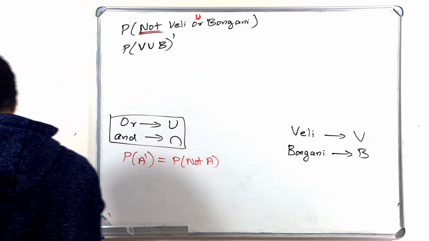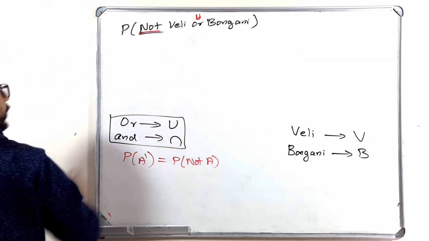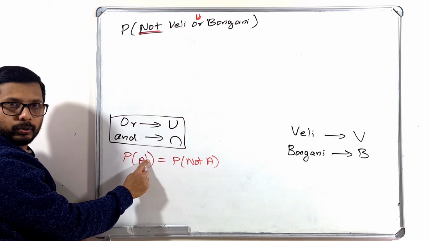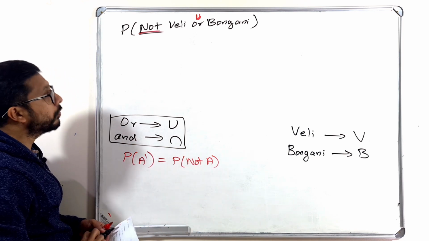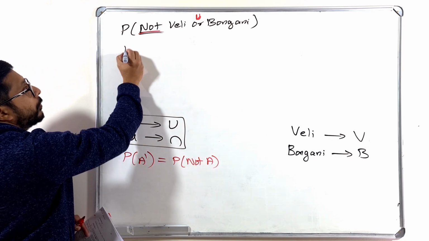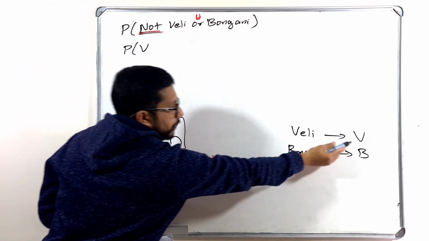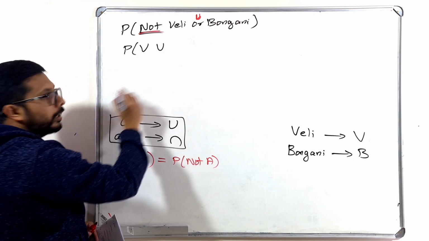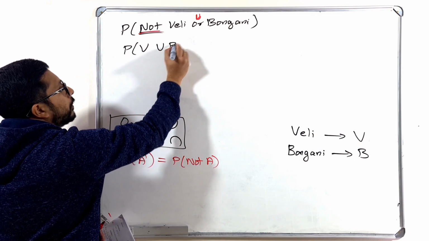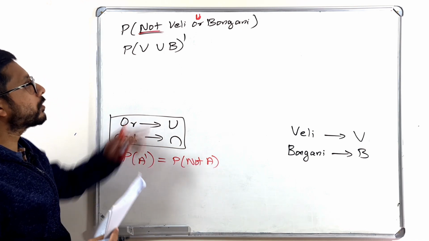Let me write for you to understand more clearly. Not A is the same as A complement. So we write probability of V union B complement. Why complement?